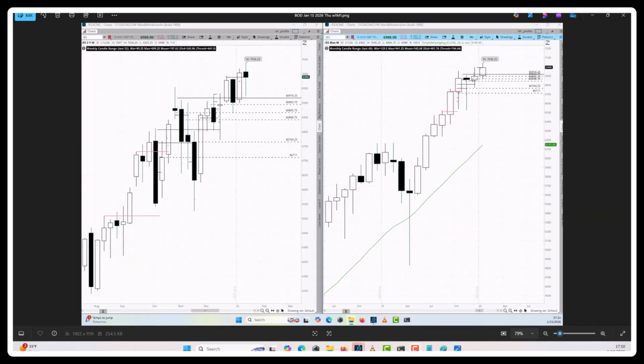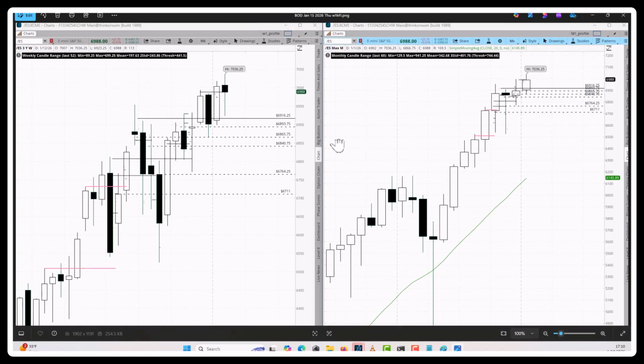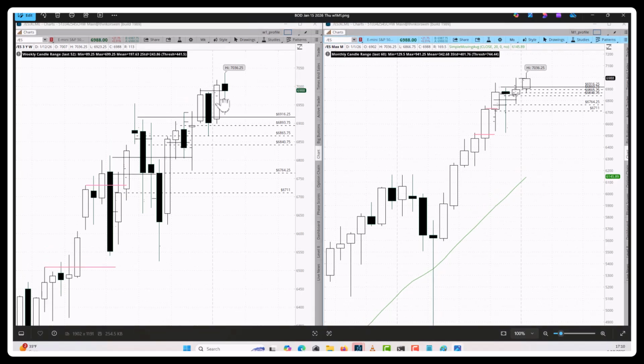All right, so here's what it looks like when we go into Thursday morning. On the weekly right here on the left side, we see monthly it still looks good right there. On the weekly we see that it broke that level and it tests from above, and we want to see if this is gonna be a tested level, right?